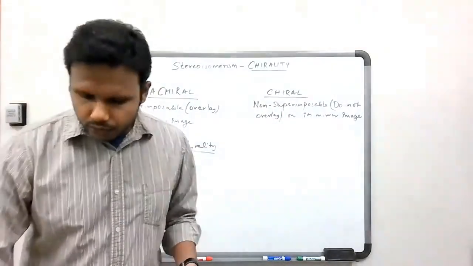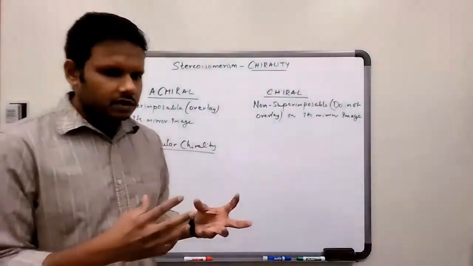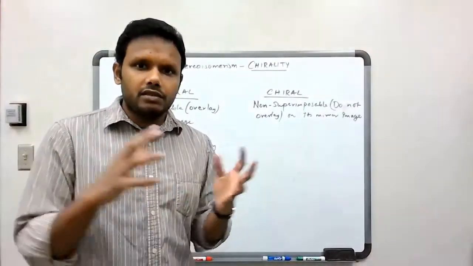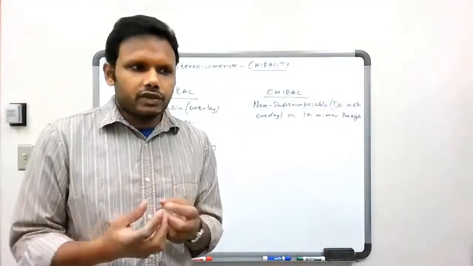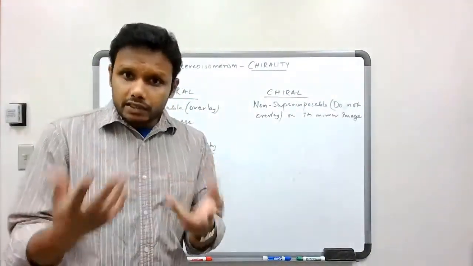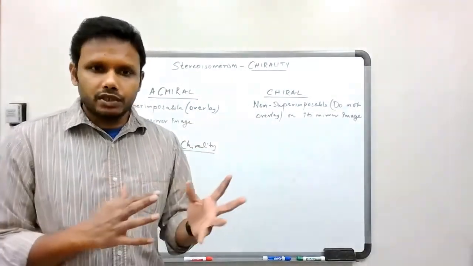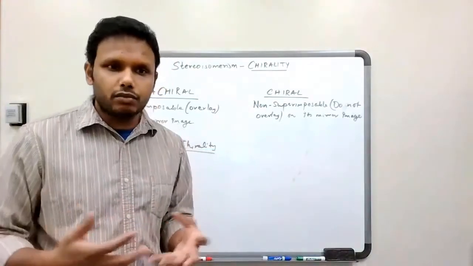How would we do it? How can we take a molecule, consider its mirror image and test overlap? That is a little bit difficult, but that is how you do it. You still look at the non-superimposable nature.